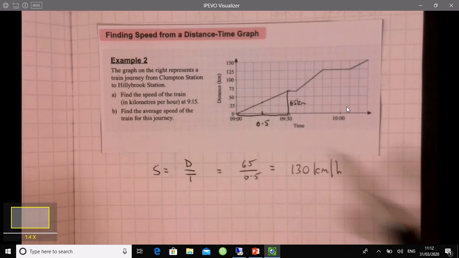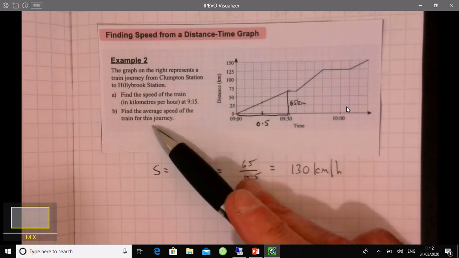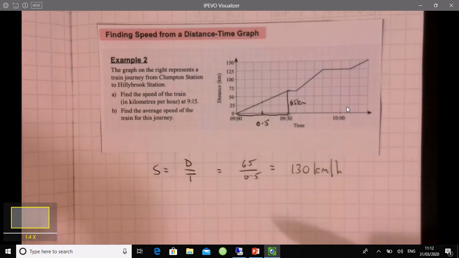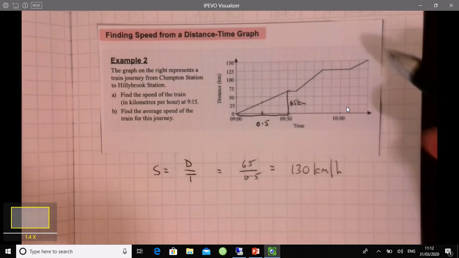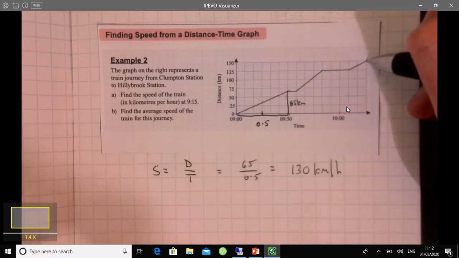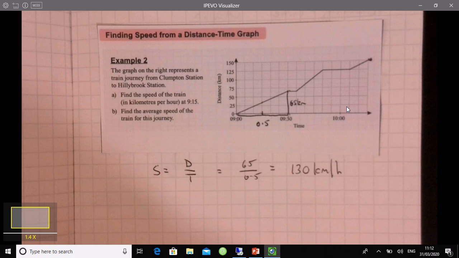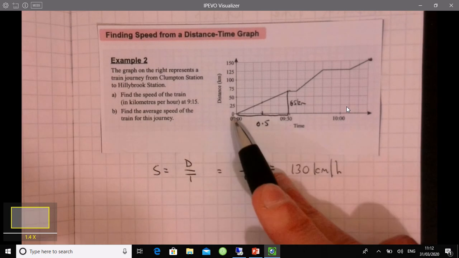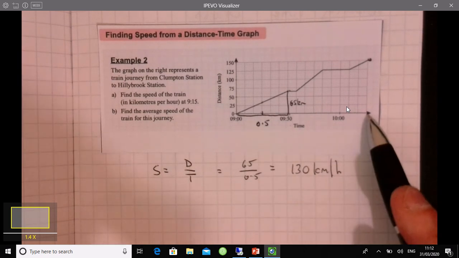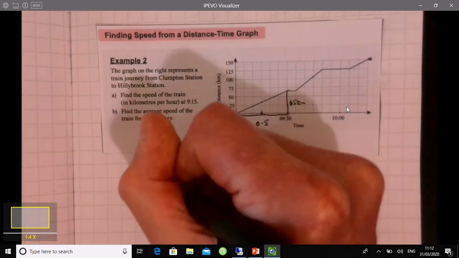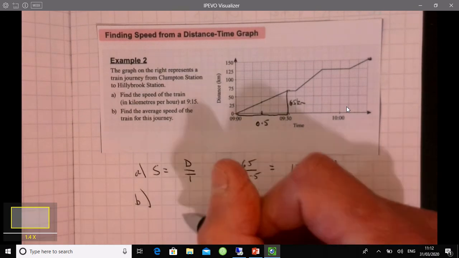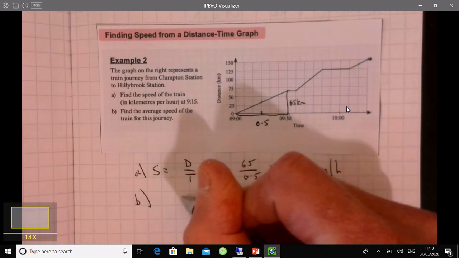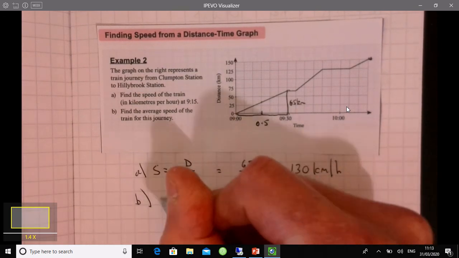Right, find the average speed of the train for this journey. So what we need to know is the total distance. Okay, so here's the end of the journey, just up here. And our total time. So, there was part A, this is part B. So, remember, speed is equal to distance over time.